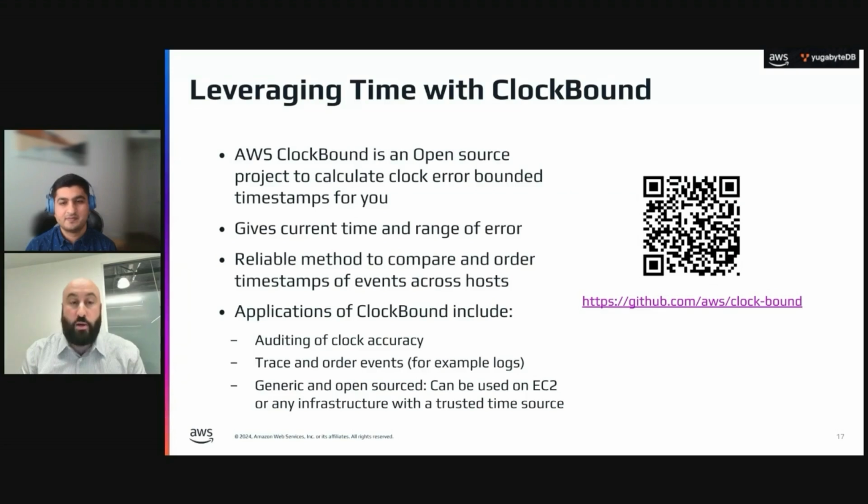And the real power here, as Shreyas pointed out, is not just looking at one node, one application, but looking at multiple nodes, multiple hosts. And it doesn't need to be the same data center. It could be across availability zones, even across regions and geographies around the world. And it doesn't need to be used on AWS specifically. But the key is, of course, having infrastructure underneath, clocks that you can trust.